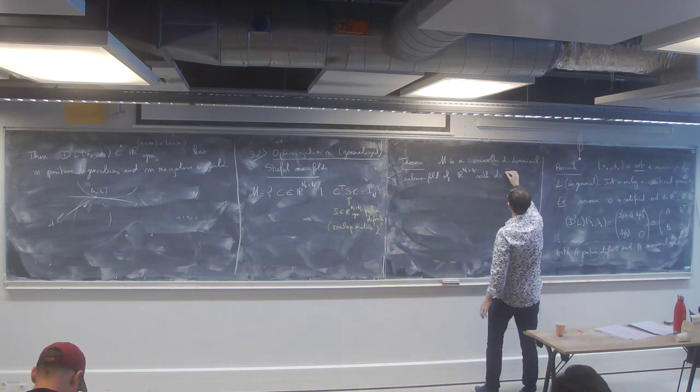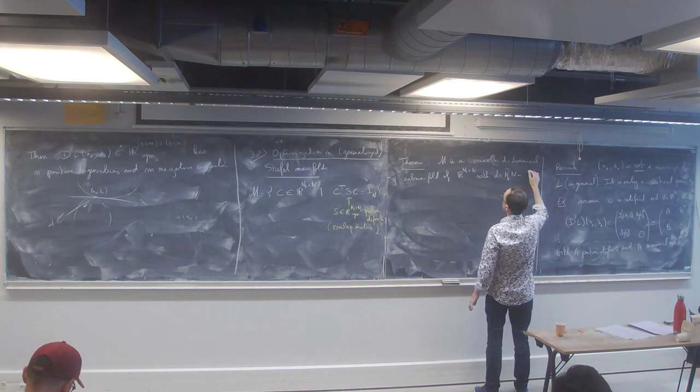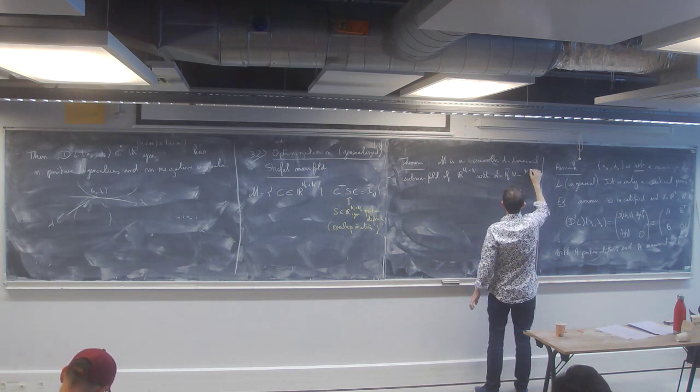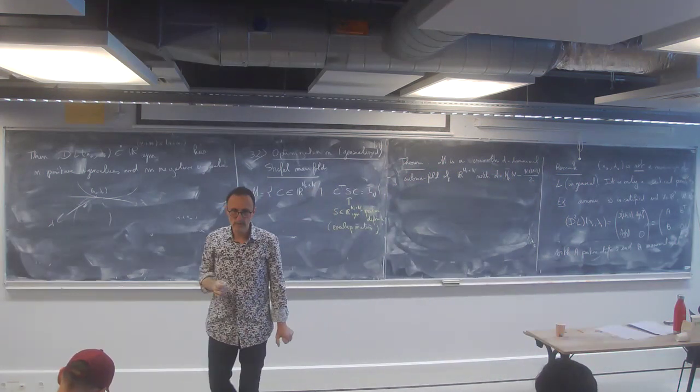So what is the dimension? It's NB N minus N(N+1) over 2. That's the number of independent degrees of freedom, if you want.